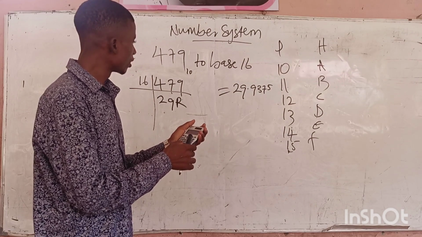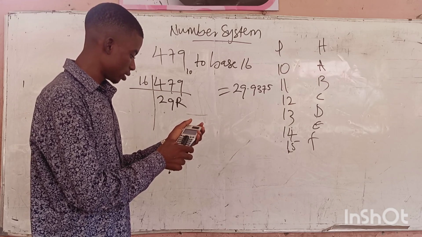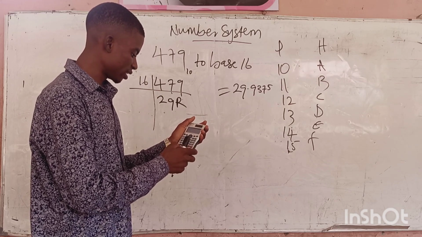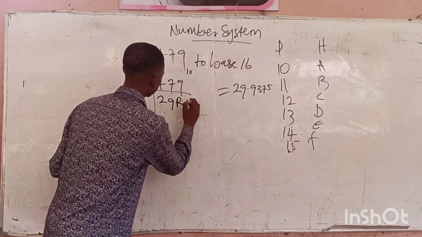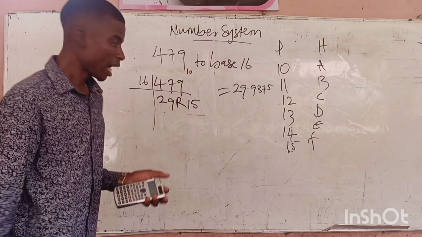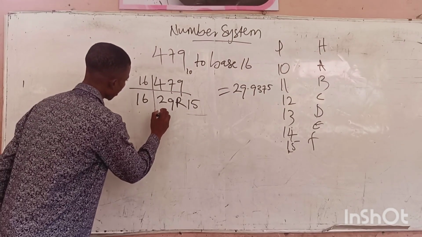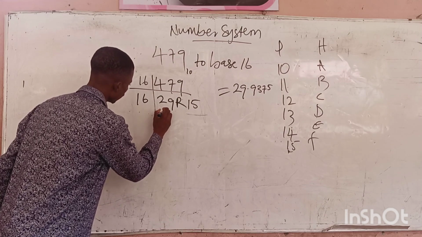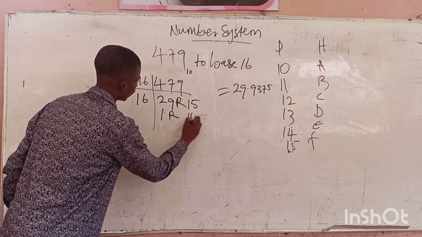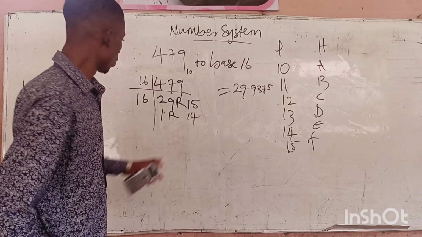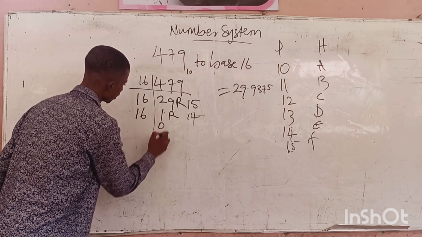We have 15, so it means remainder 15. And to bring down, 16 divided by 29, we have 1, remainder 14. Then 16 divided by 1, we have 0, remainder 1.